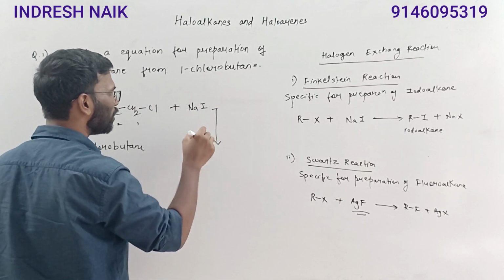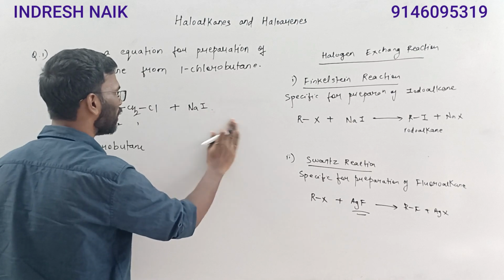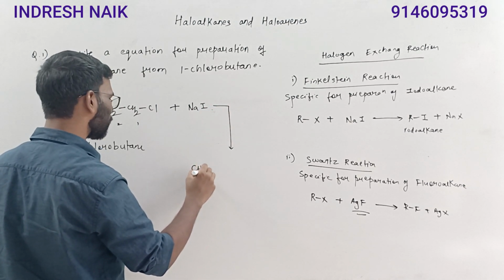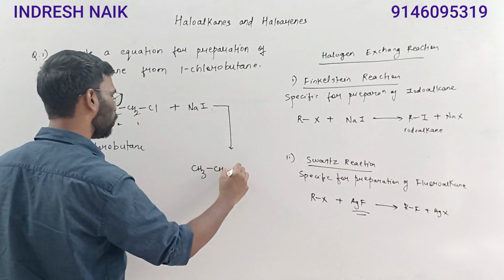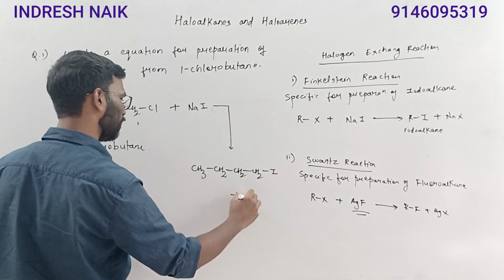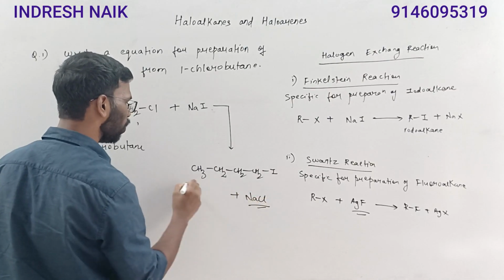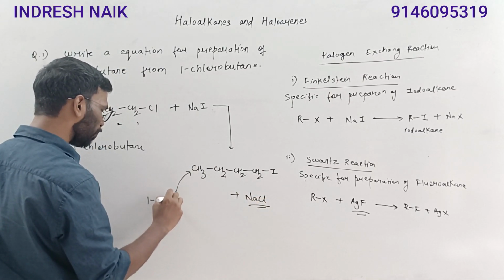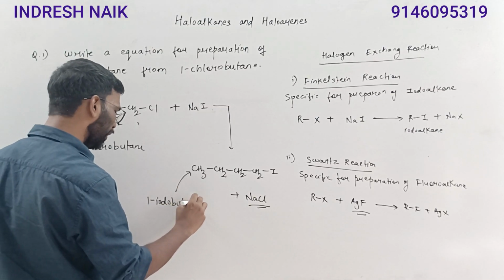So a halogen exchange reaction is going to take place. And what you are going to get is CH3, CH2, CH2, CH2I plus NaCl salt. So this compound is 1 iodobutane.